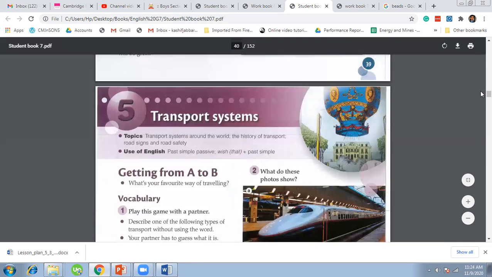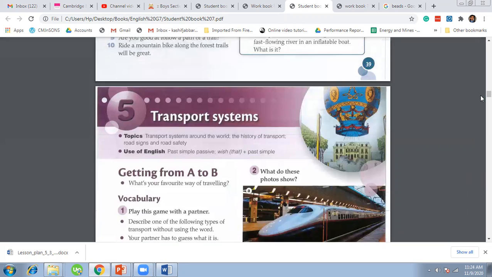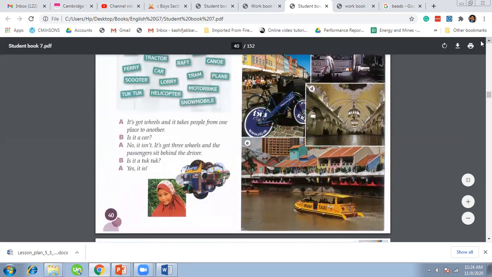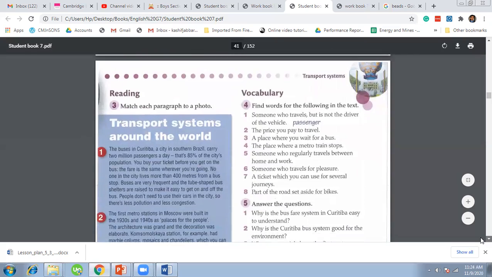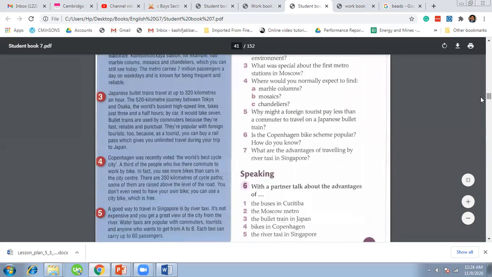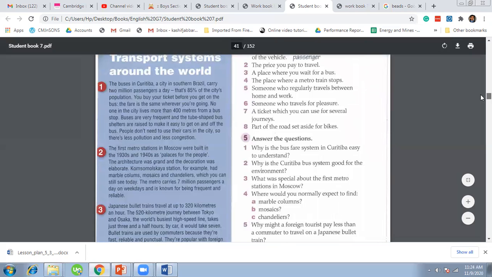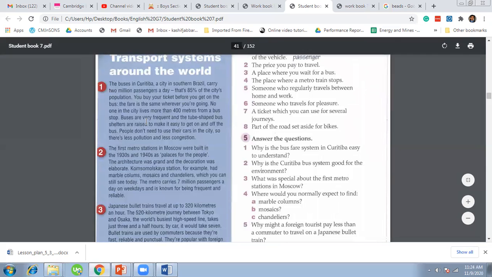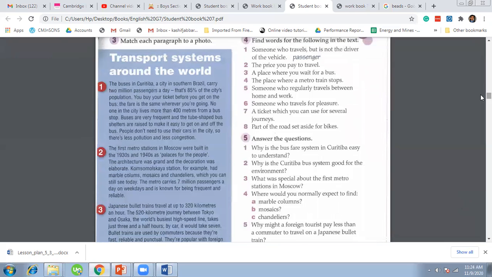Then we saw these pictures for A, B, C, D, E, right? And each of these pictures we need to match with these paragraphs, right? So let's see these paragraphs, the transport systems around the world. Here we see number one, two, three, four. We see the Moscow railway station.